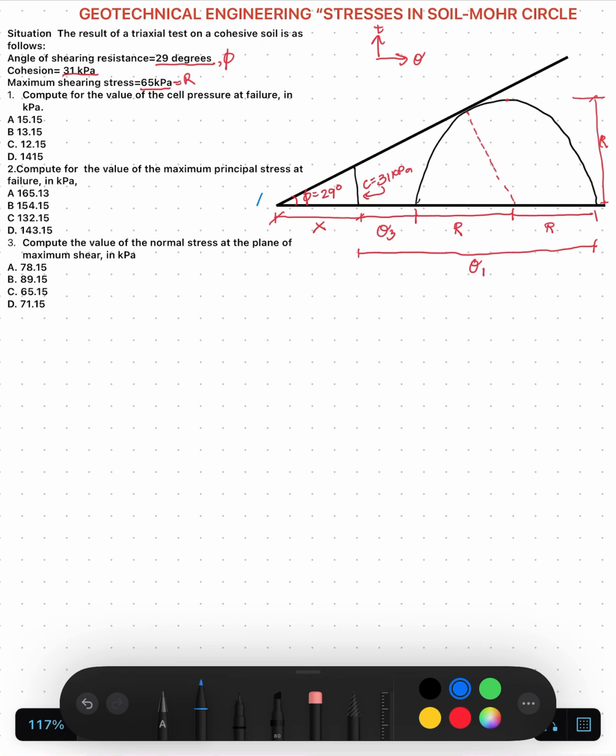So let's call these points A, B, C, D, E, F, and then G. Don't forget the R here. And take note that since this is tangent to a circle, this is 90 degrees, and this is also 90 degrees. Now we'll proceed with our solution for part 1.